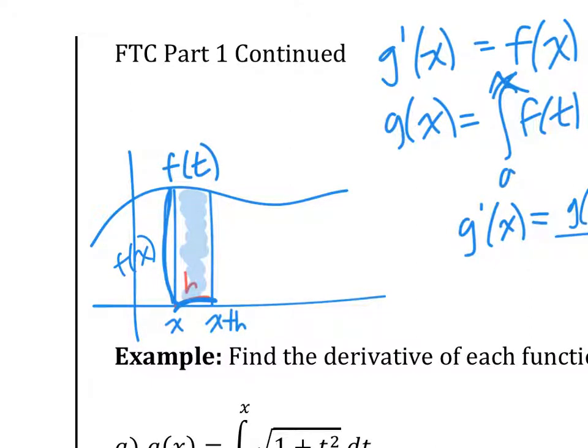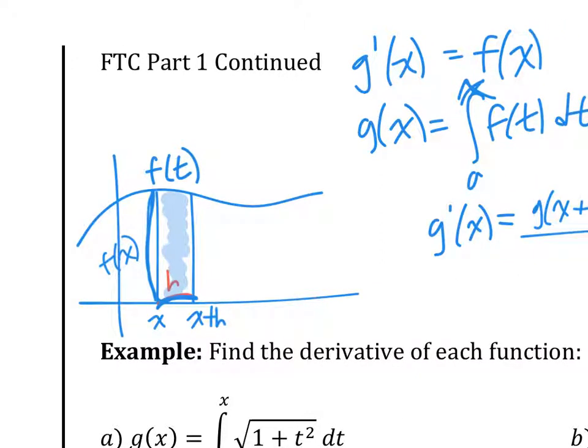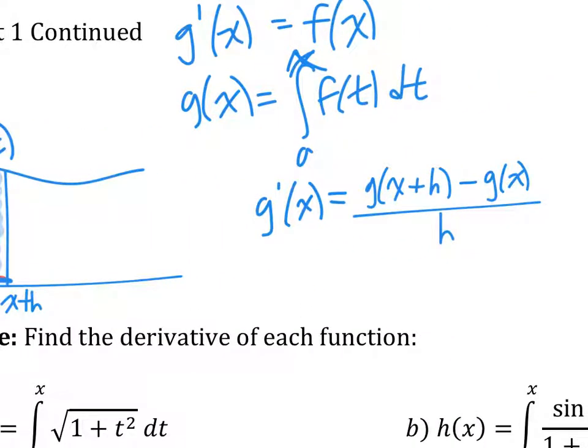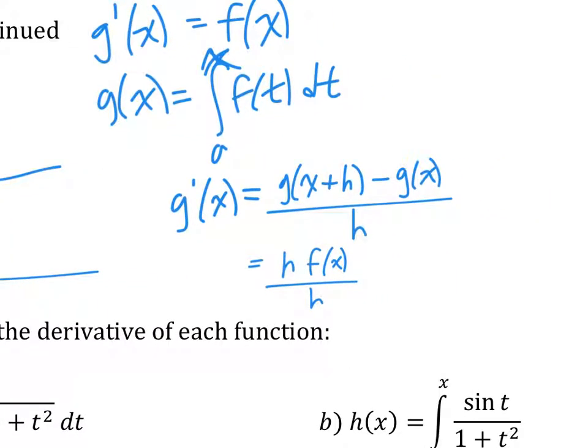Just think of this as a very narrow strip, so f of x and f of x plus h don't really matter because they're very close. So this becomes base times height, and then we still have that h underneath, right? And then we let the limit as h goes to 0 of this whole thing.